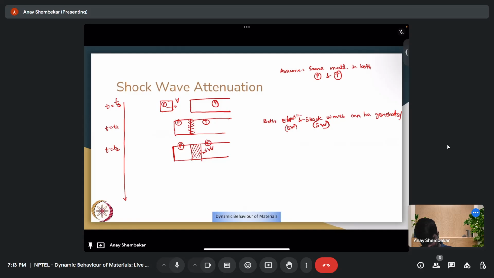This is behind the shock wave. Suppose this is C naught. RW will be the release wave generated after interaction with the free surface.